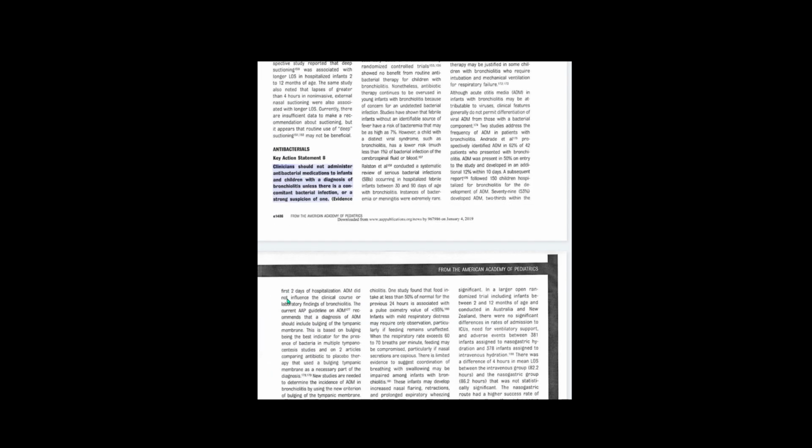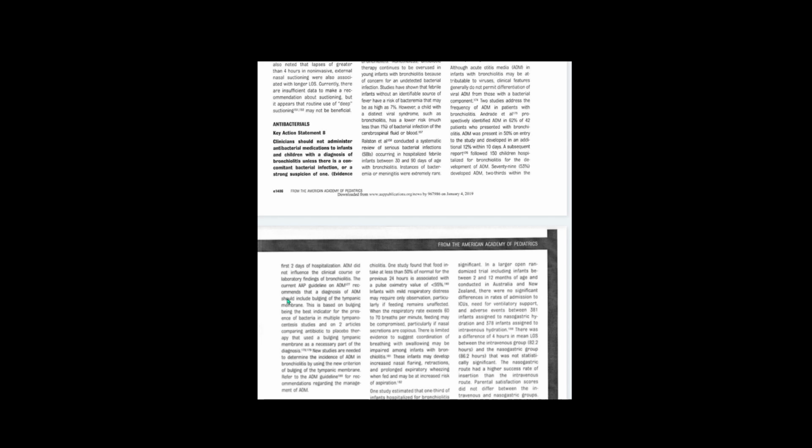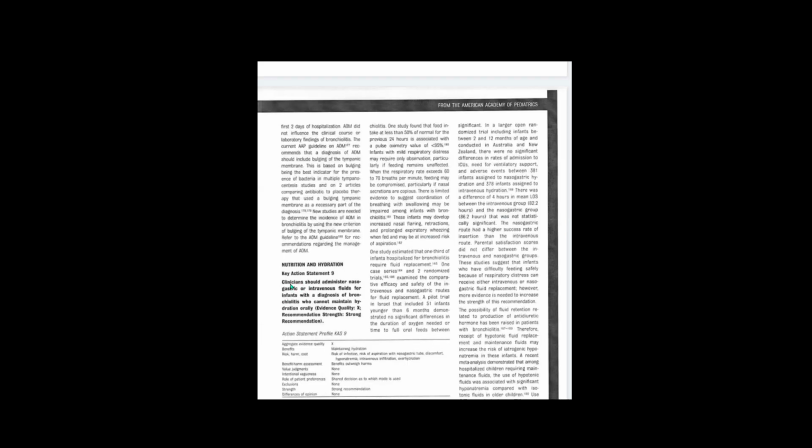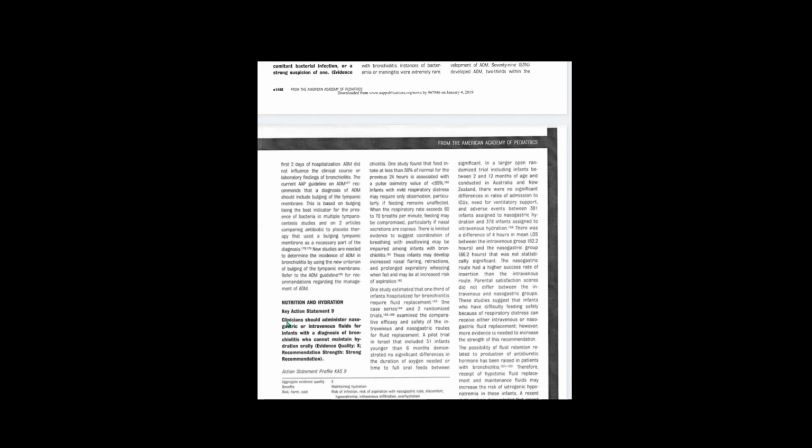Key action statement 8: clinicians should not administer antibacterial medications to infants and children with a diagnosis of bronchiolitis unless there is a concomitant bacterial infection or a strong suspicion of one. Evidence quality, recommendation strength: strong recommendation. Action statement profile KAS8. Aggregate evidence quality. Benefits. Risk, harm, cost. Benefit, harm.